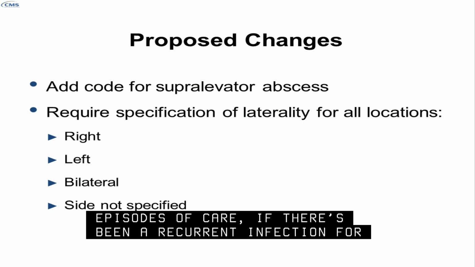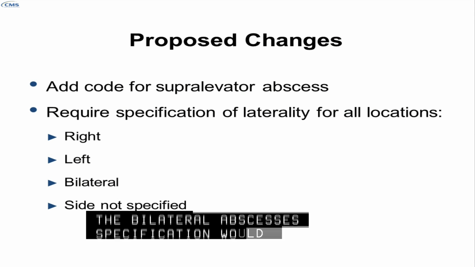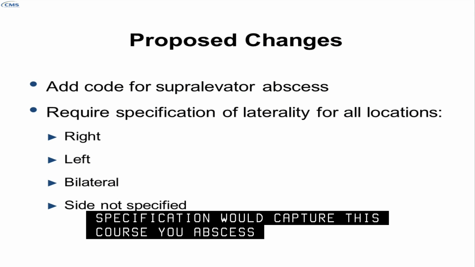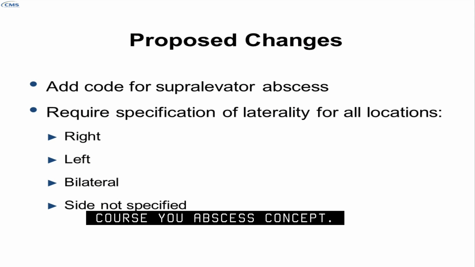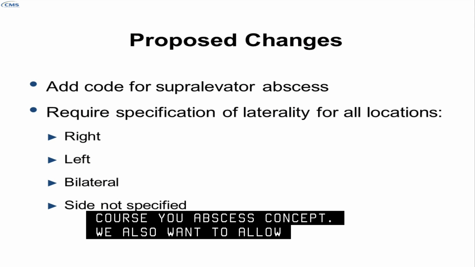The bilateral abscess specification would capture this quote-unquote horseshoe abscess concept that I have brought up. Of course, we would also want to allow for cases in which the documentation didn't make it clear which side was involved.